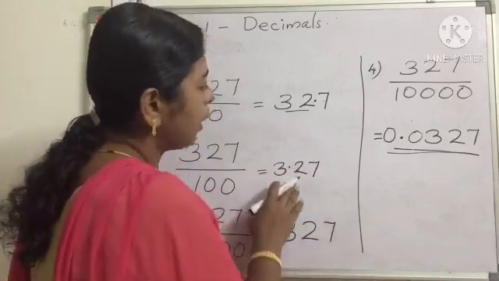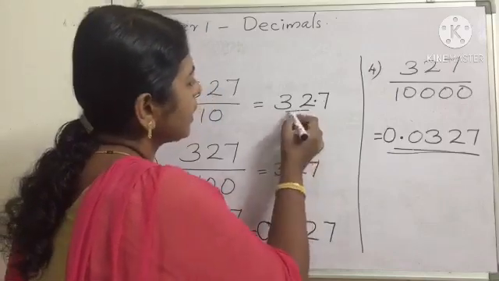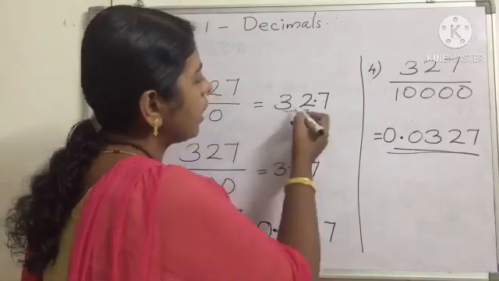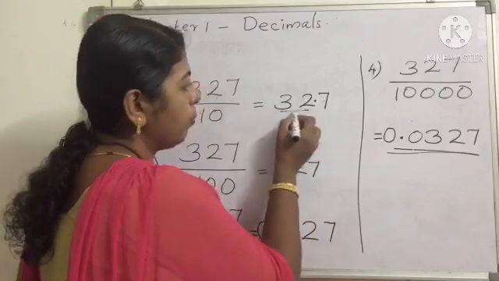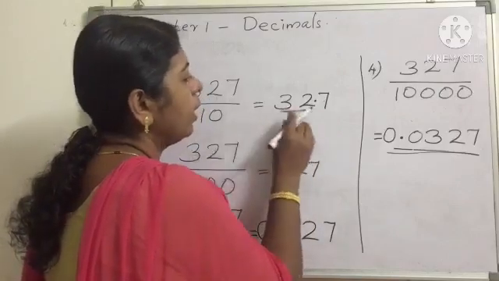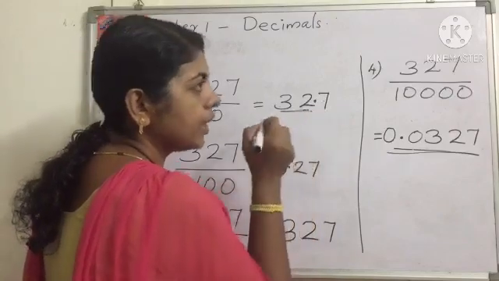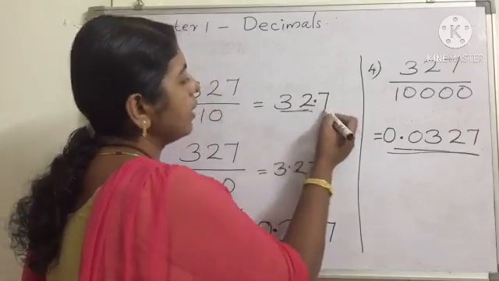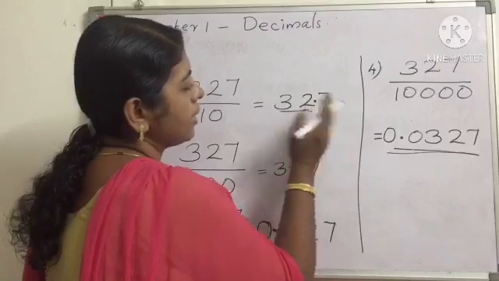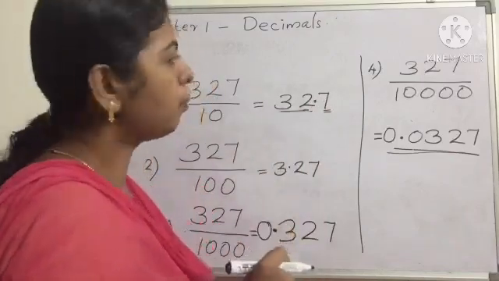In 32.7, this 32 is called the whole part, the full part. This point is called the decimal point, and this 7 is called the decimal part.